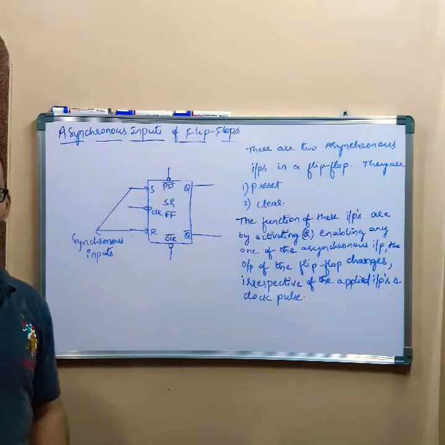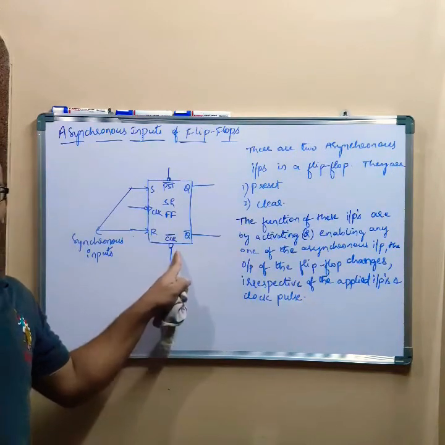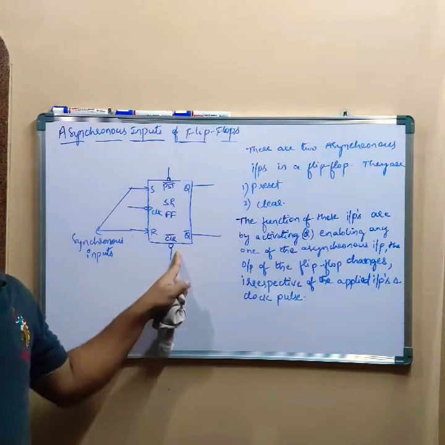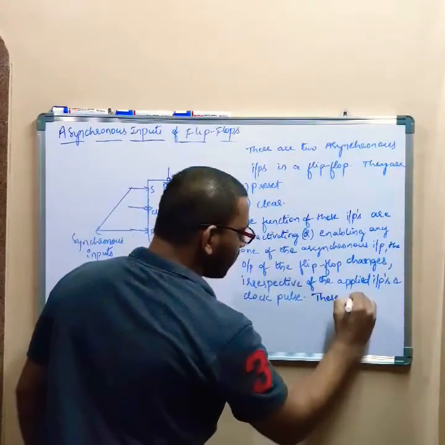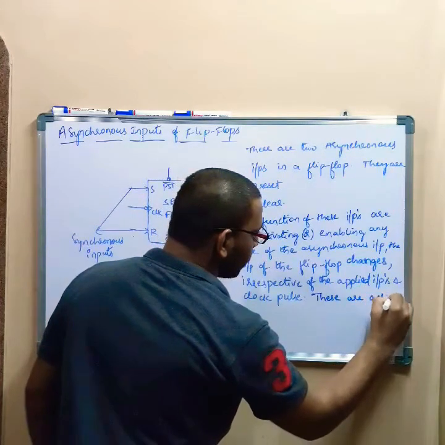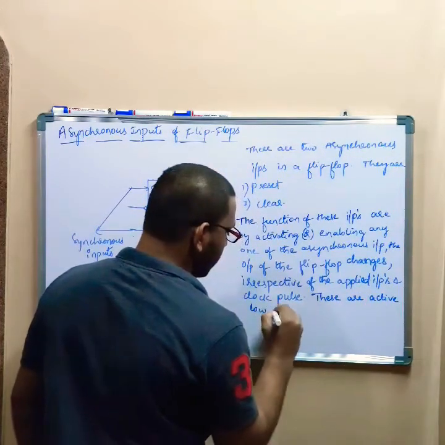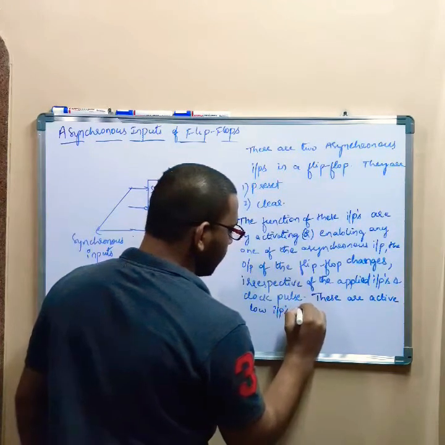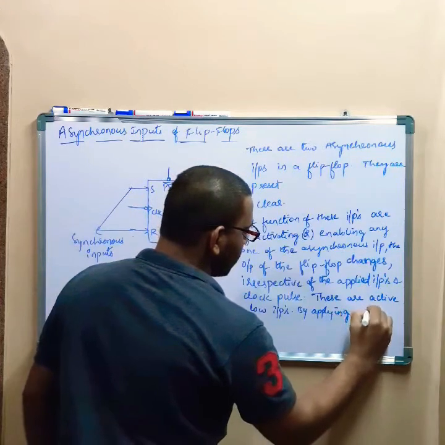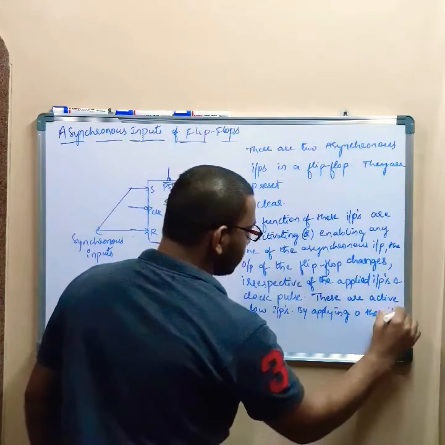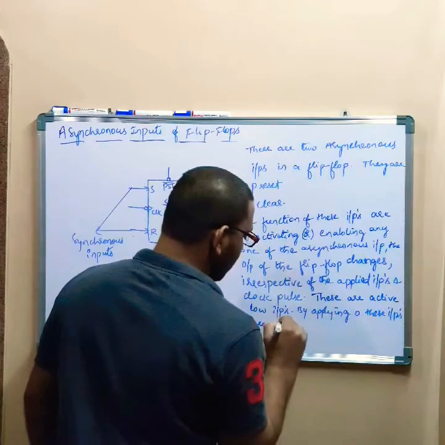Suppose you want to make the flip-flop output continuously 0 irrespective of the applied inputs, you have to activate the clear input. These are active low inputs, so by applying 0, these inputs are enabled.